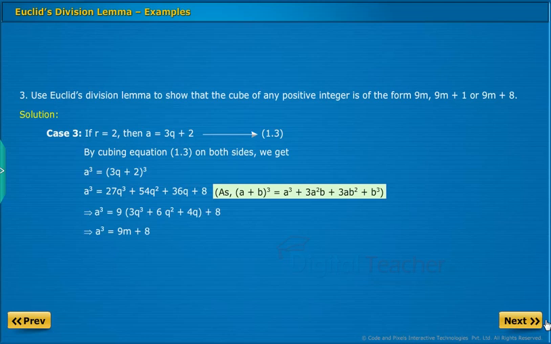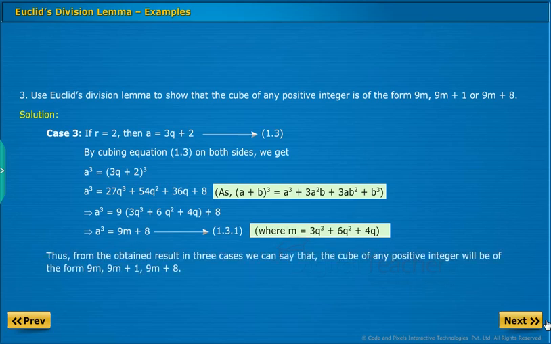Let us represent it as equation 1.3.1, where m is equal to 3q cube plus 6q square plus 4q. Thus, from the obtained result in 3 cases, we can say that the cube of any positive integer will be of the form 9m, 9m plus 1, or 9m plus 8.